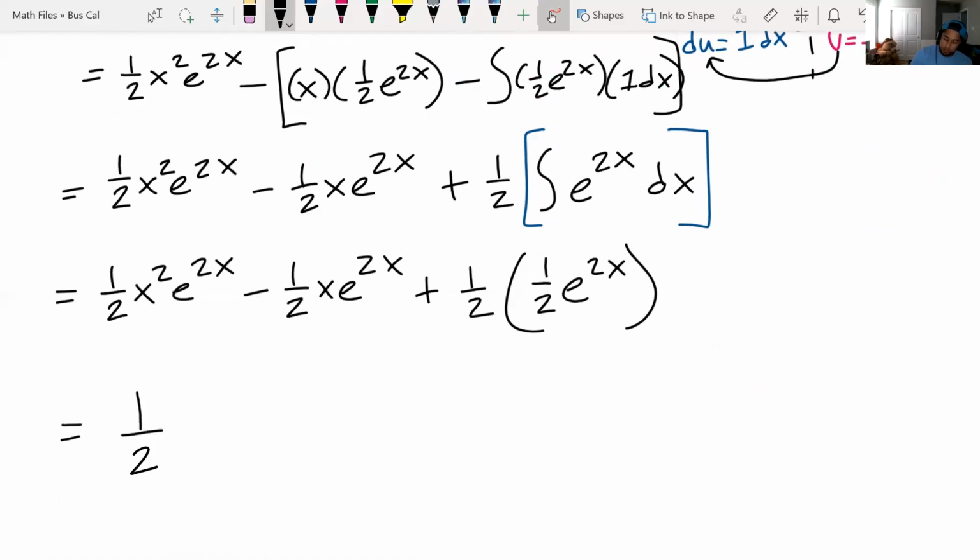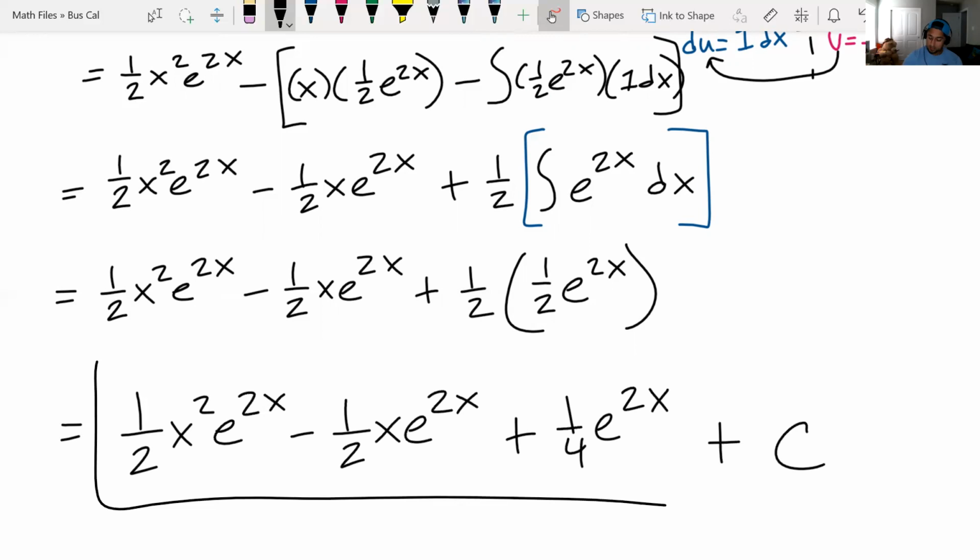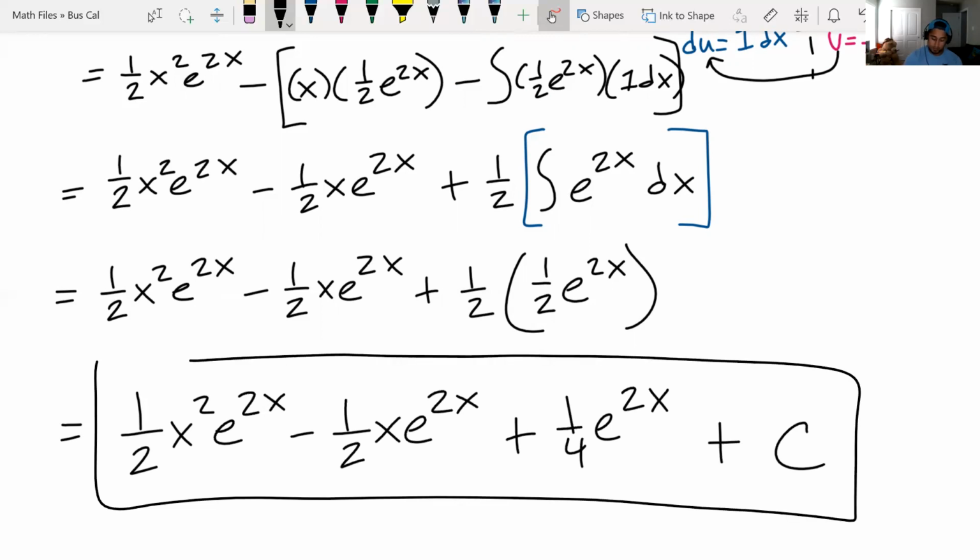And we get 1/2 x squared e to the 2x minus 1/2 x e to the 2x plus 1/4 e to the 2x plus c. And that is the last calculus problem for Business Cal.